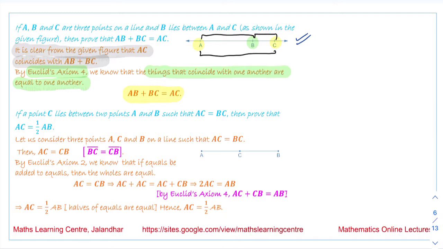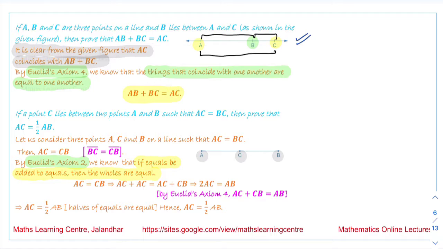The next theorem: if a point C lies between points A and B such that AC is equal to BC, then we have to prove that AC is equal to 1 by 2 times AB. Again we draw the figure over here. We consider 3 points on a line such that AC is equal to BC. Then from Euclid's axiom 2, if equals be added to equals, then the wholes are equals.